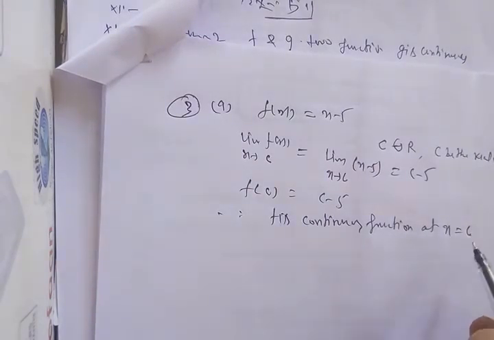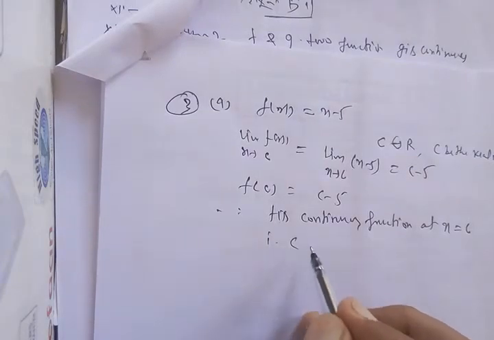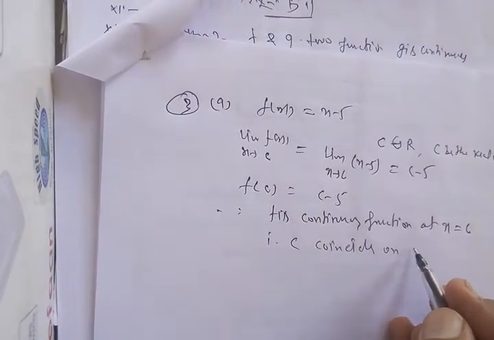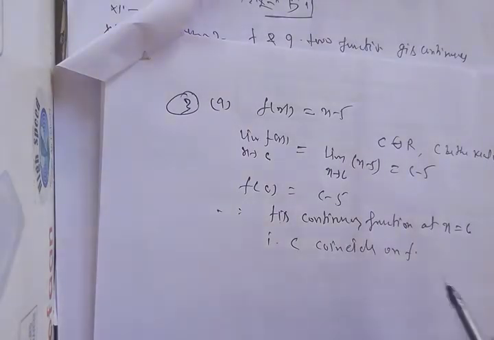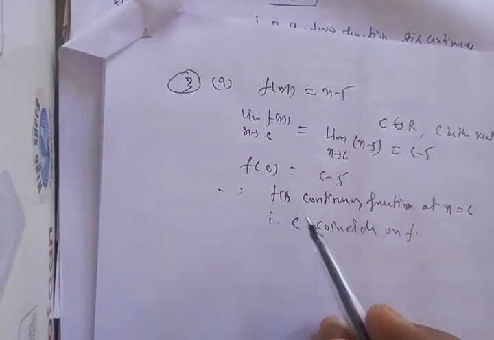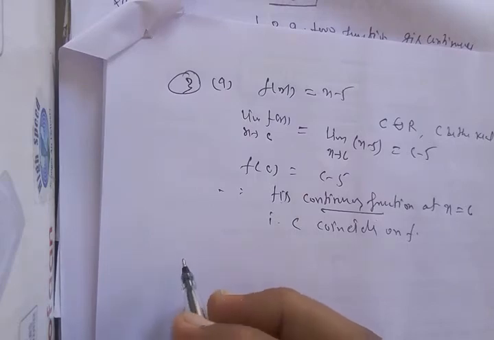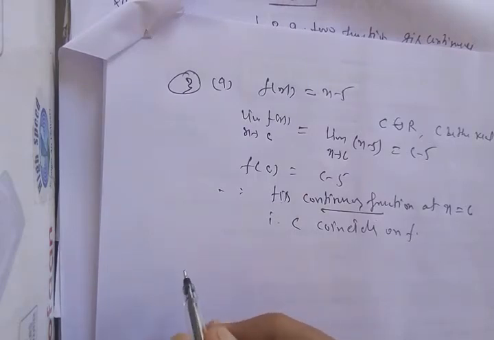So every real number c lies in the domain of f, and it is a continuous function. Clear? This type of question.